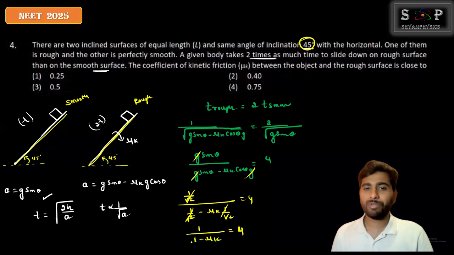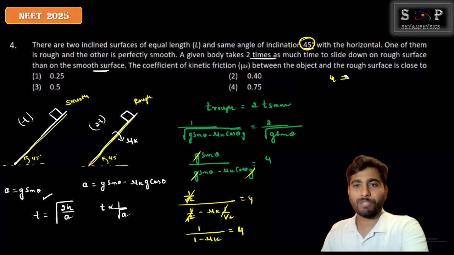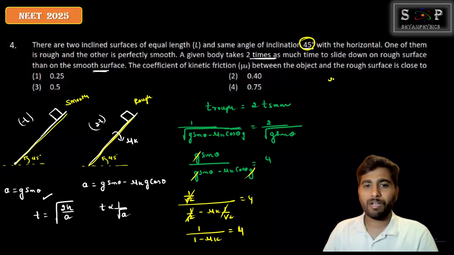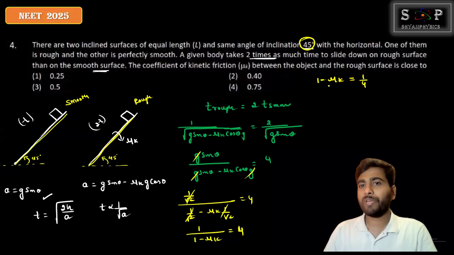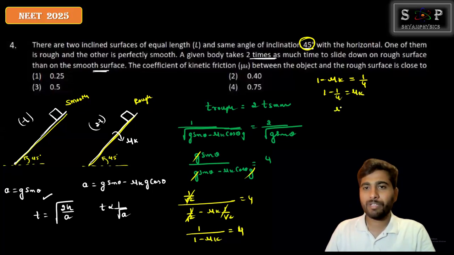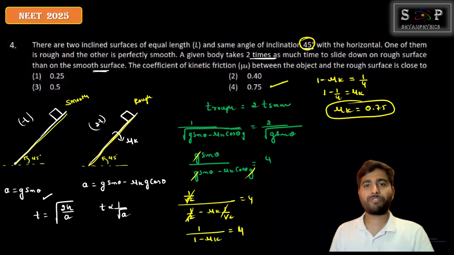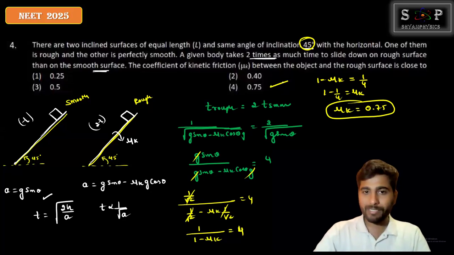Next I will cross multiply: 1 minus mu k is equal to 1 by 4. Mu k I will take to the right hand side, 1 by 4 to the left hand side. So 1 minus 1 by 4 is equal to mu k. So the mu k value will be 3 by 4, that is nothing but 0.75. Option 4. Right? Hope it is understood.